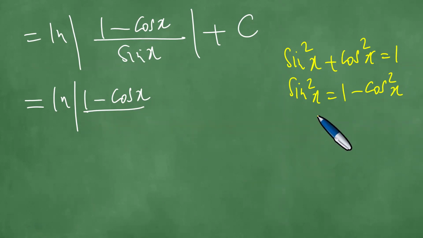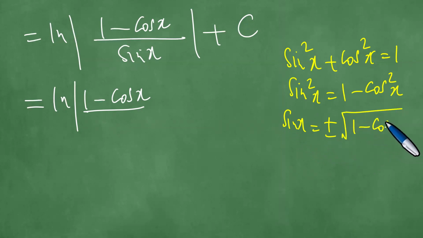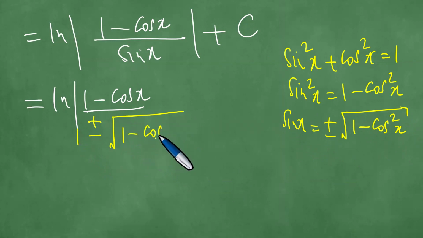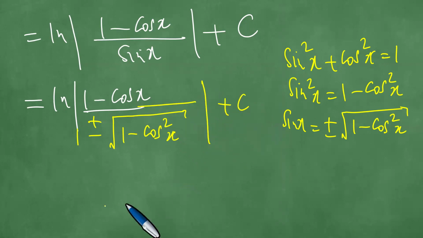And therefore, sine x is plus or minus the square root of 1 minus cosine squared of x. So in the place of the sine, we can put plus or minus the square root of 1 minus cosine squared, plus c.